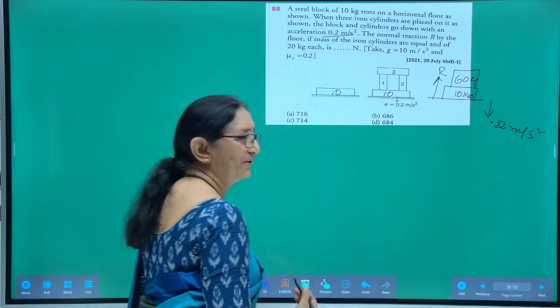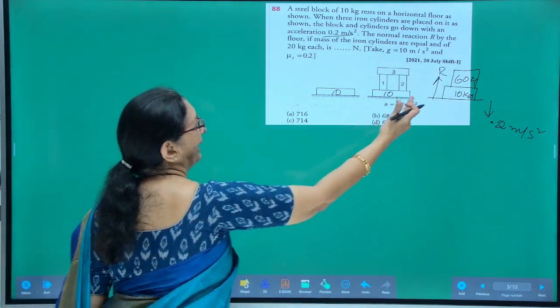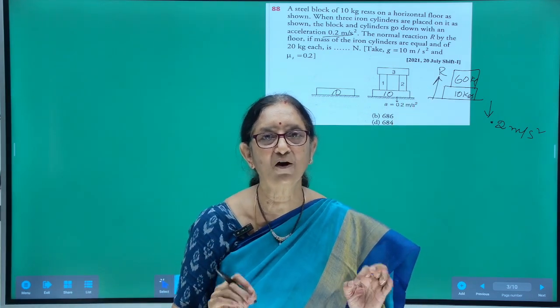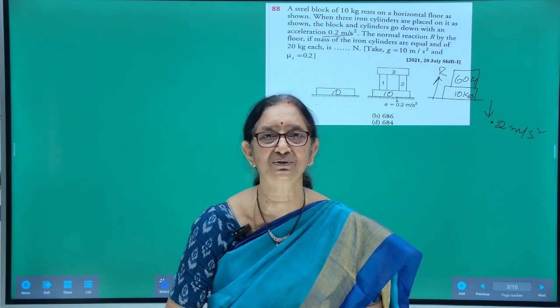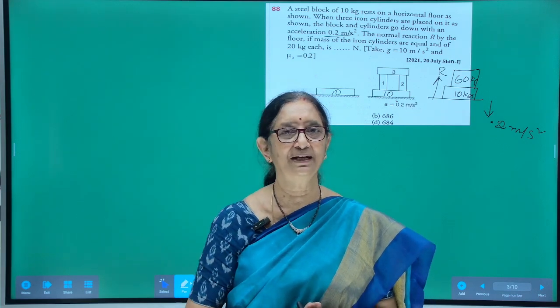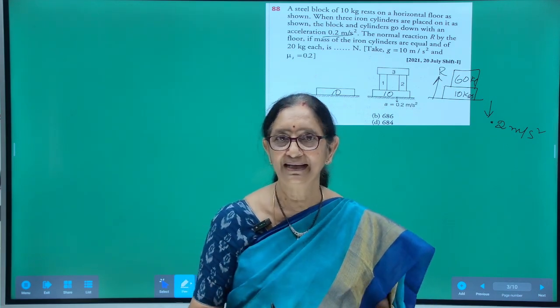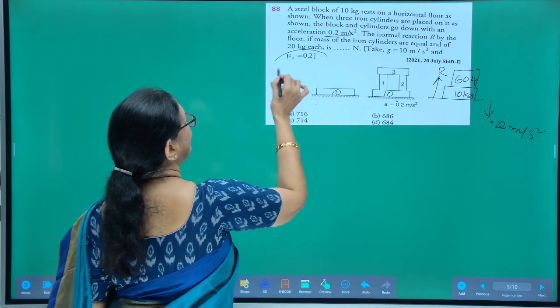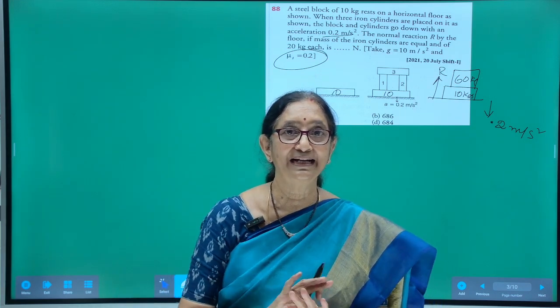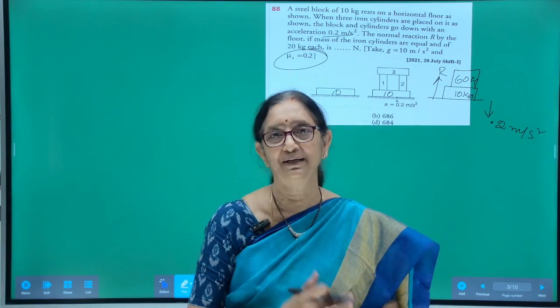It is so simple. Friction is perpendicular to the contact surface, frictional component is 0. Frictional force is always tangential, so its component along the normal reaction is 0. Hence, this is unnecessary data given because there is no contribution of friction to the normal reaction.